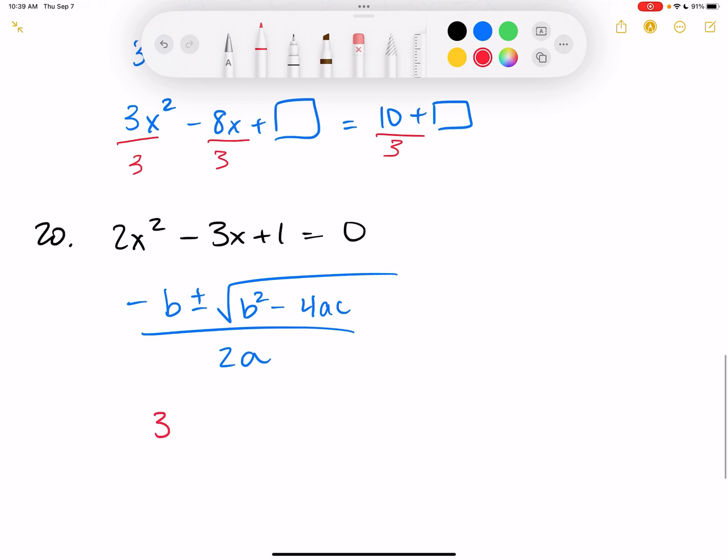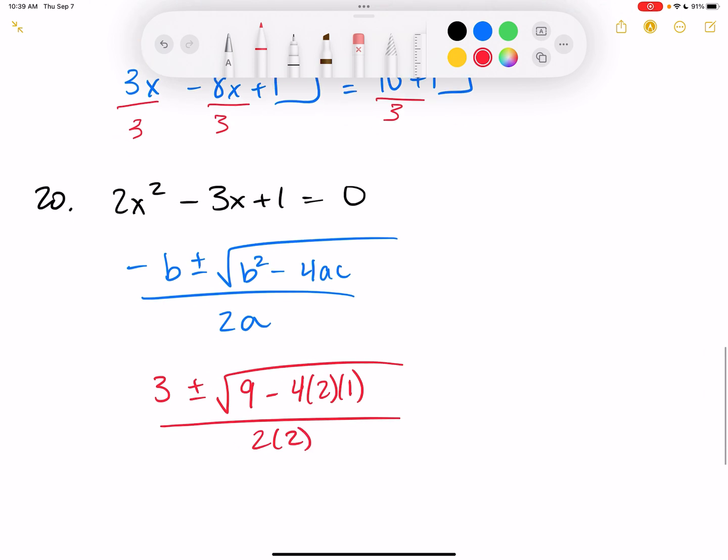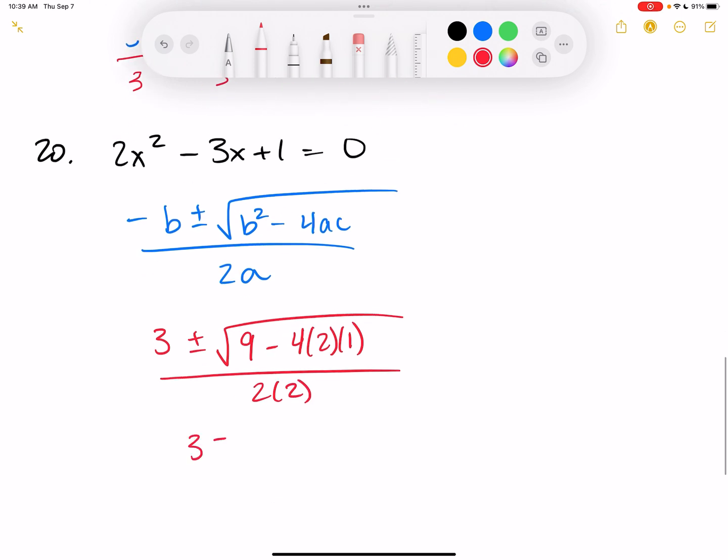So 3 plus or minus the square root of negative 3 squared, which is 9, minus 4 times 2 times 1, all over 2 times 2. So 3 plus or minus, 9 minus 8, so just 1, over 4.